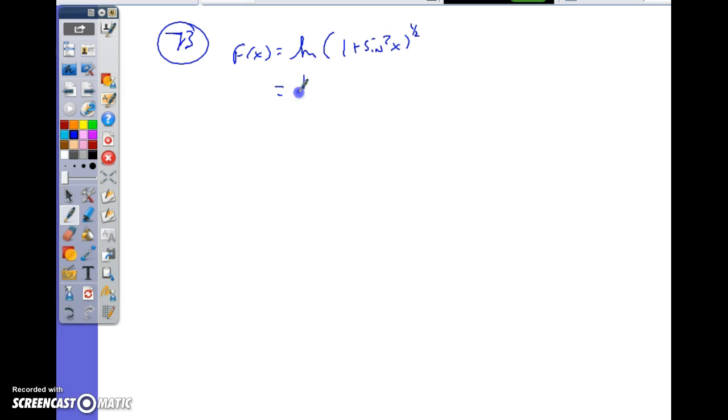Okay, I'm going to pull the 1/2 out in front. So far with me? And the rest of this is going to get ugly, so I'm going to go f prime of x equals 1/2. This becomes 1 over 1 plus sine squared x times the derivative of the inside.